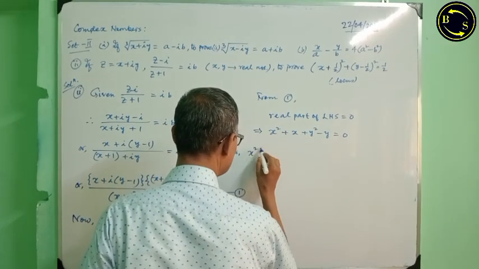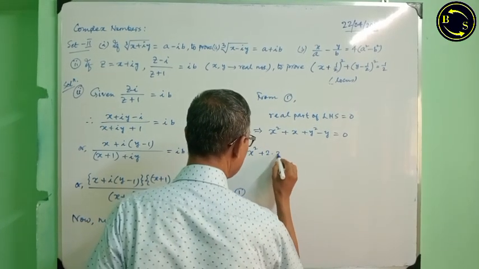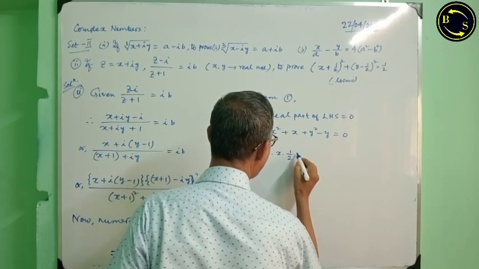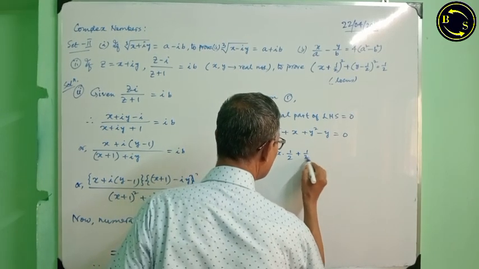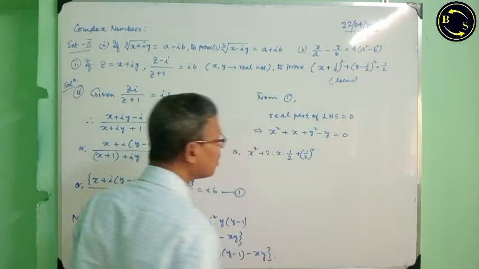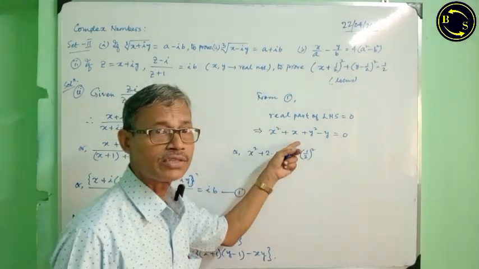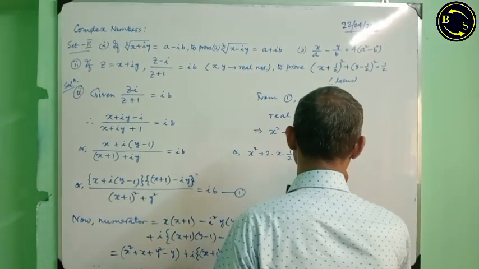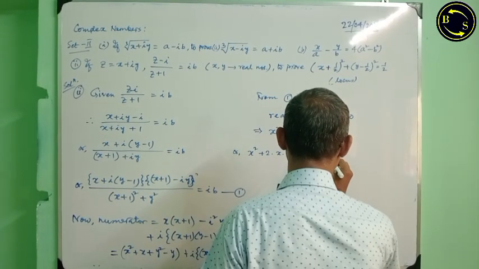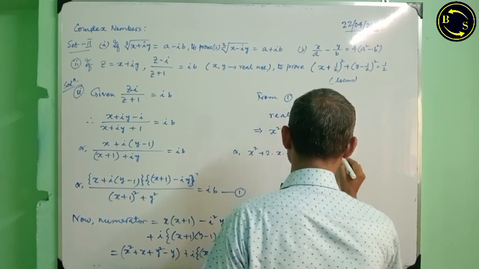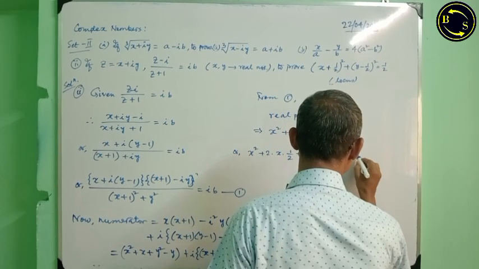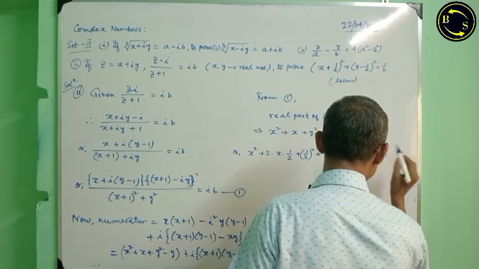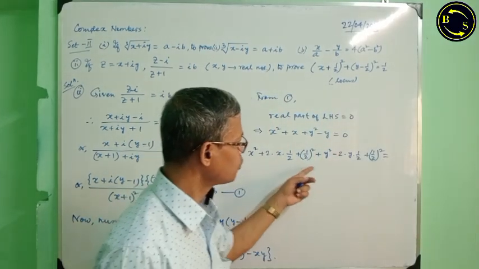x square plus 2 into x into half, plus x square plus x, that is to be written in the perfect square form. Therefore, this plus y square minus 2 into y into half plus half whole square is equal to half whole square.